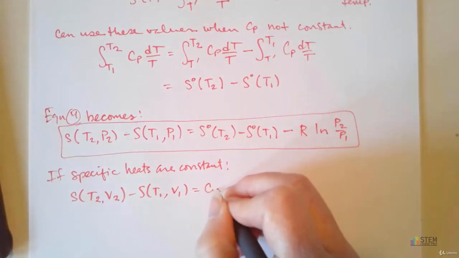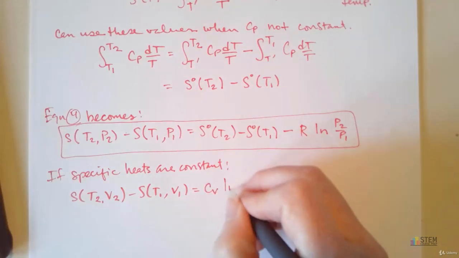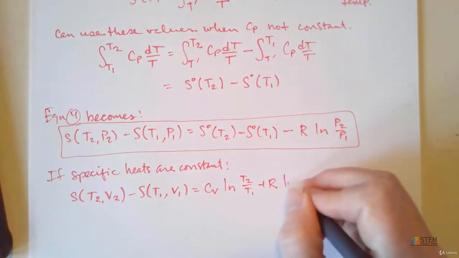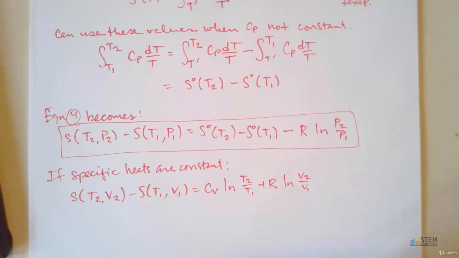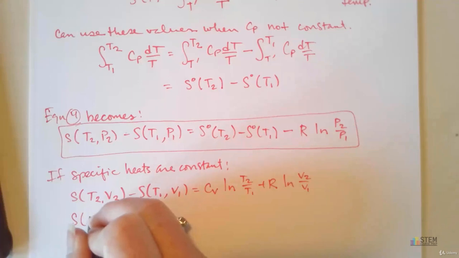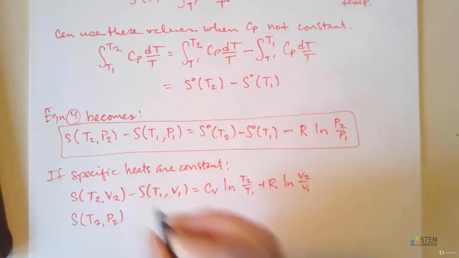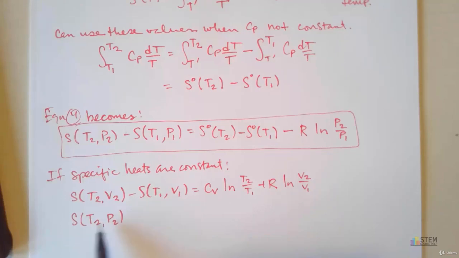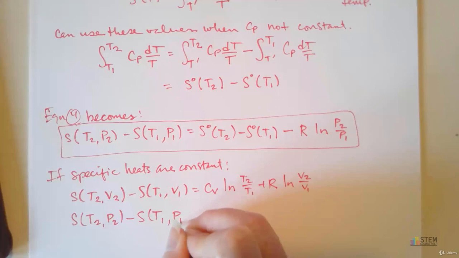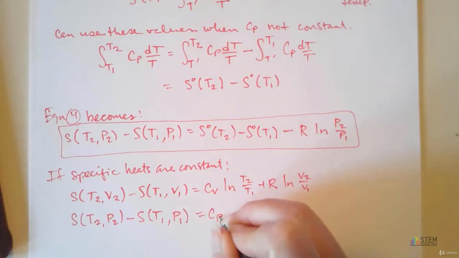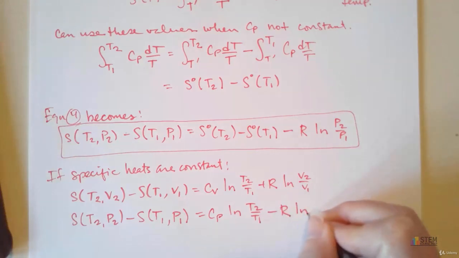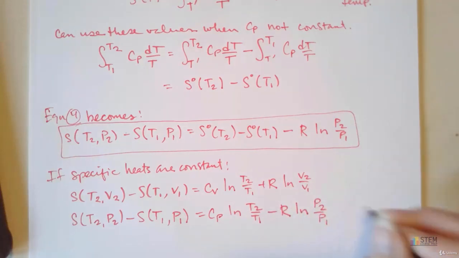That's going to equal Cv, because now it's constant, times the natural log of T2 over T1 plus R times the natural log of V2 over V1. And then we'll do the same thing for the second equation up there. So the entropy at state 2, if we have it as a function of temperature and pressure, subtract that at state 1. That's going to equal Cp times the natural log of T2 over T1 minus R times the natural log of P2 over P1.